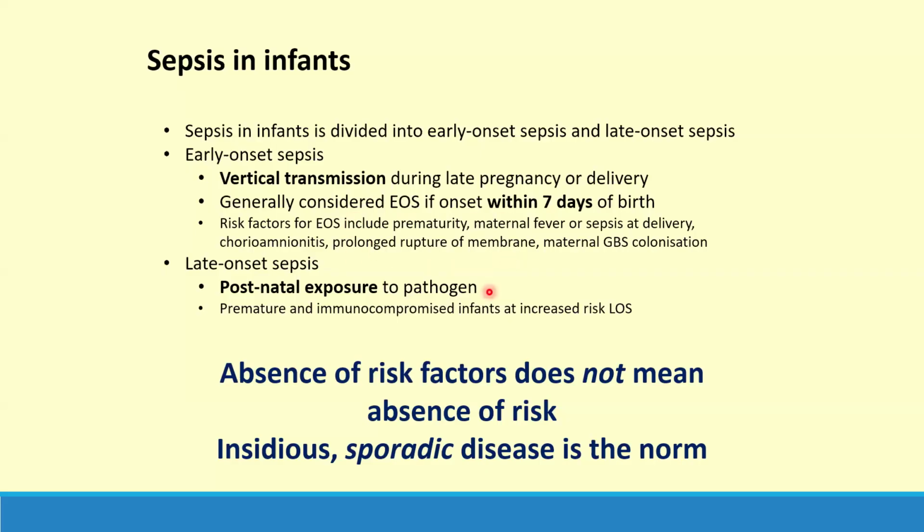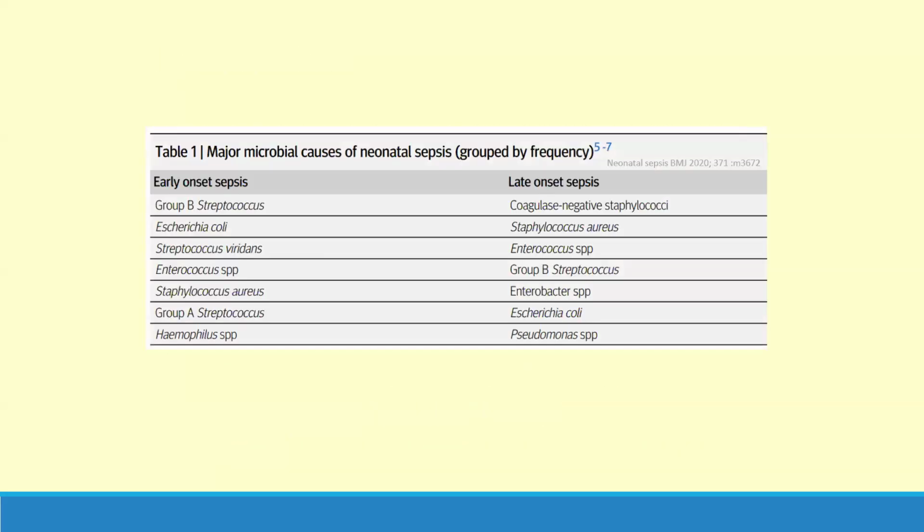A completely well baby with a 37.8 temperature and none of these risk factors, you might be a little bit more comfortable to watch and wait. And the normal disease pattern of late onset sepsis in babies is insidious disease that just appears sporadically and doesn't give you any warning, unfortunately, which is unhelpful for parents.